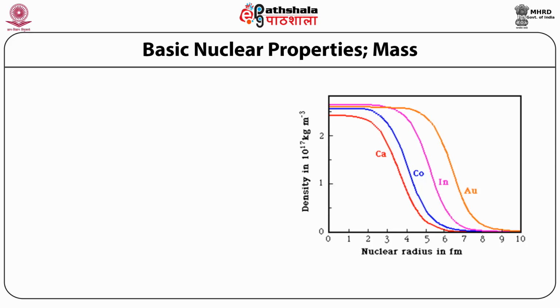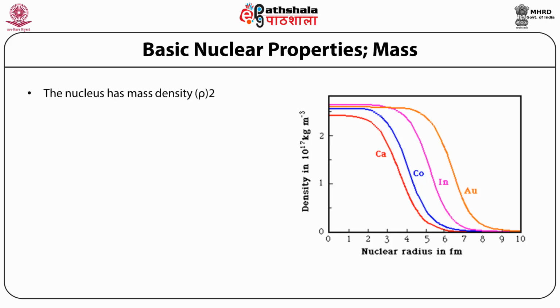Z is the atomic number of the nucleus, mp is the mass of one proton, N is the total number of neutrons inside the nucleus, mn is the mass of one neutron, minus the mass of the nucleus A X Z, meaning the overall mass of the nucleus. So this binding energy expression is nothing but the difference between the mass of its constituents and the observed mass of the nucleus, multiplied by c square.